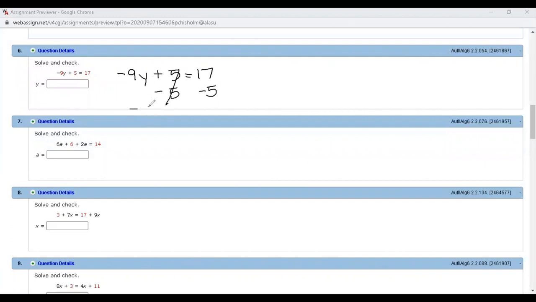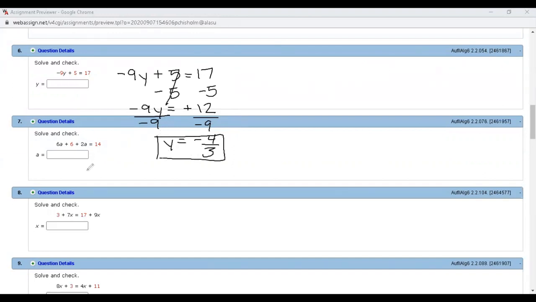And then we will have negative 9y equals positive 12. Then we will divide by negative 9 on both sides, and y will equal negative 4 over 3. So we have to simplify the 12 over negative 9, and we get negative 4 over 3.